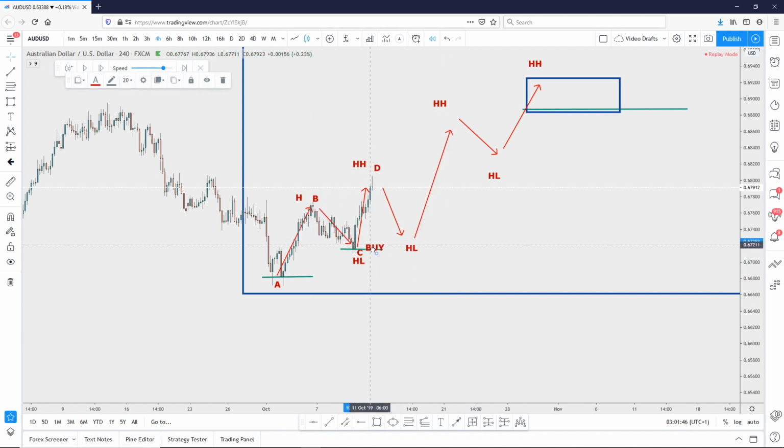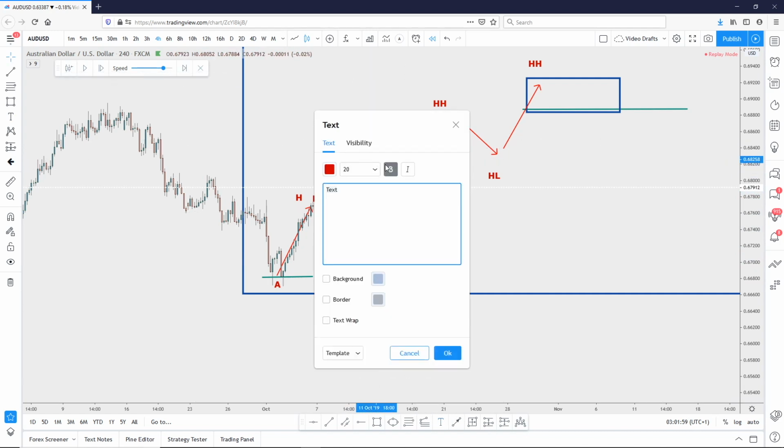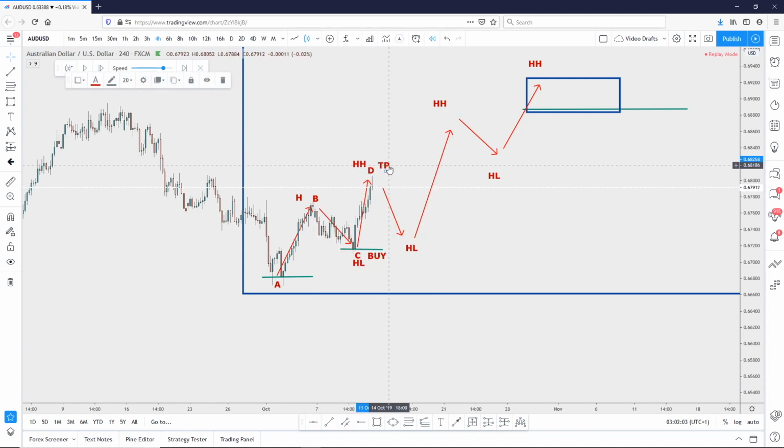So this is where we joined the trend, and here we took profit, right? That's what it means to close your trade. So TP, take profit. We hit take profit. We're like, great, we made money. Just using Fibonacci, we made money.